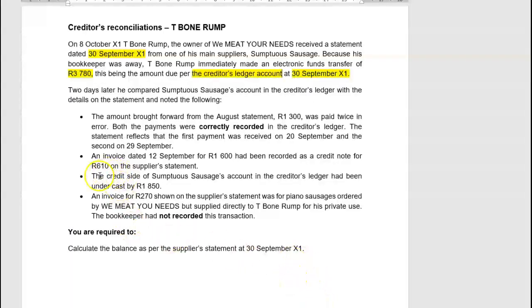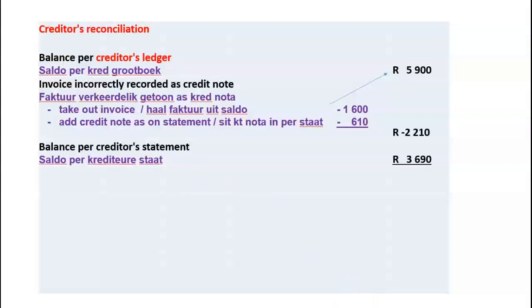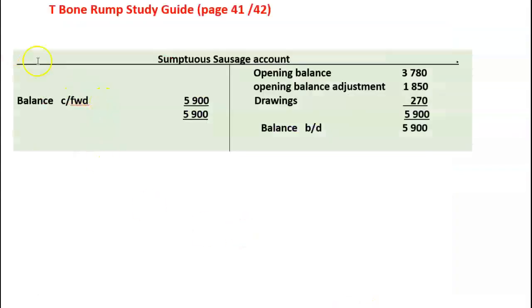Now, in the beginning of the month, the credit side of Sumptuous Sausages account in the creditors ledger had been undercosted by 1,850. So the opening balance should not have been 3,780. The opening balance should have been 3,780 plus 1,850. Now, obviously, we made a mistake and we have to rectify our balance. I could have just written down the correct balance from the start, or I just put it here separately so that you can see exactly what I've done with that.